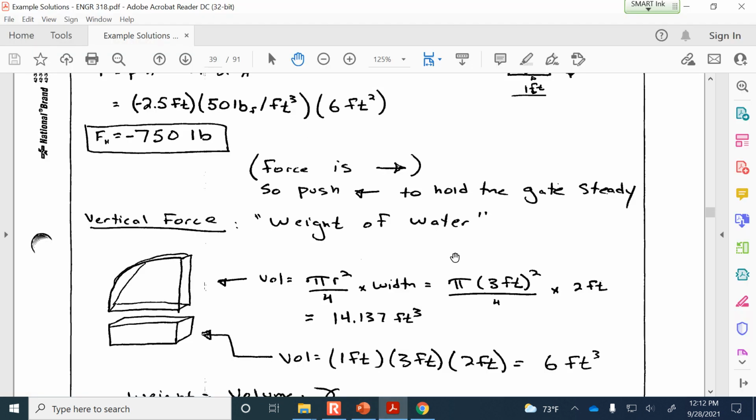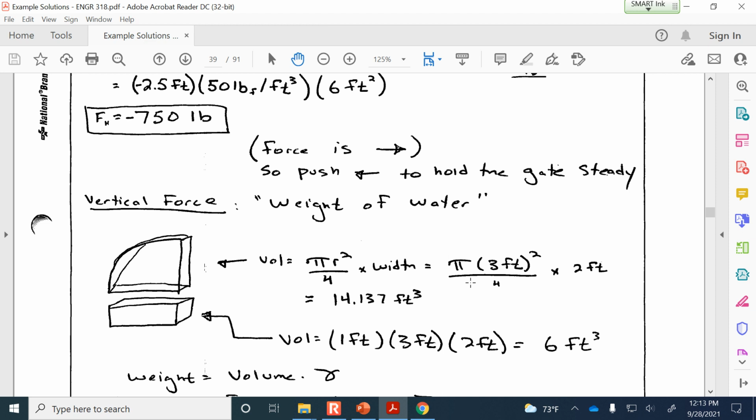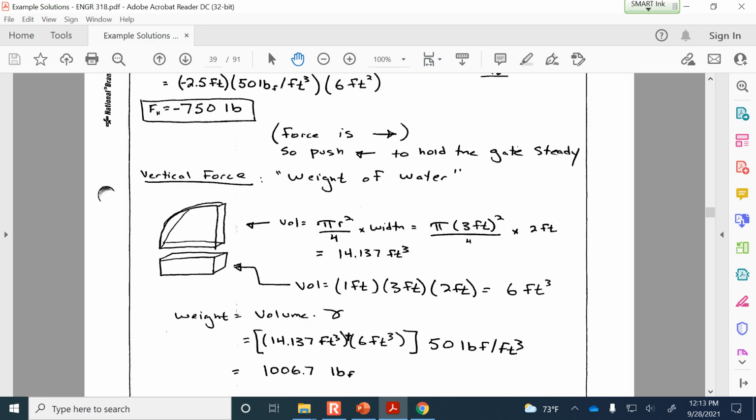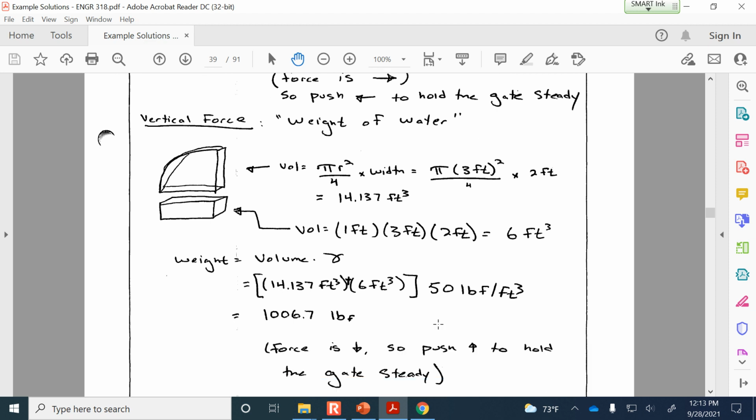So the area multiplied by the width of that element has a volume of 14.137 cubic feet, and then the box-shaped element beneath it has a volume of 1 by 3 by 2. So that's 6 cubic feet. And the overall weight of the water from the liquid level up to the gate is 1,006.7 pounds of force. So we multiplied the cumulative volume by the unit weight. And so that force is down.